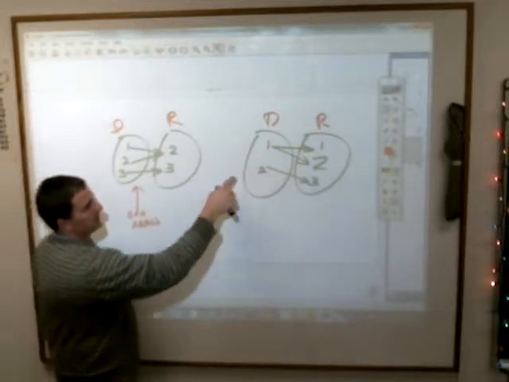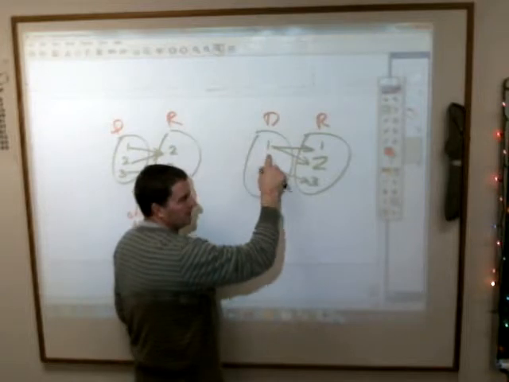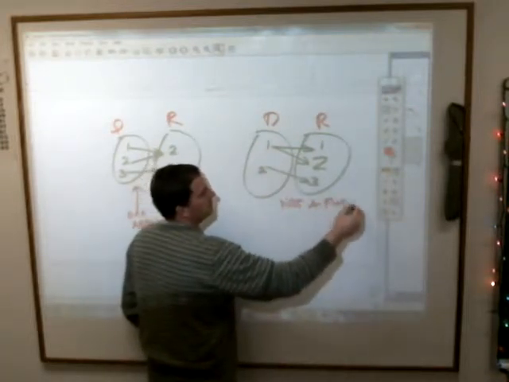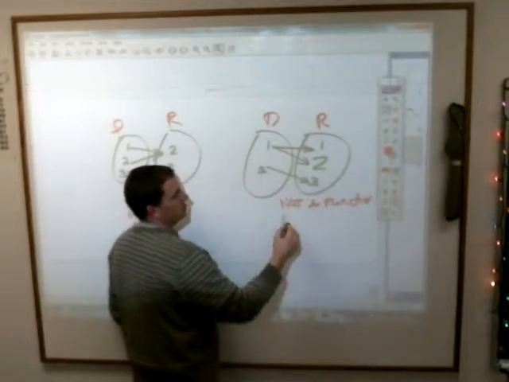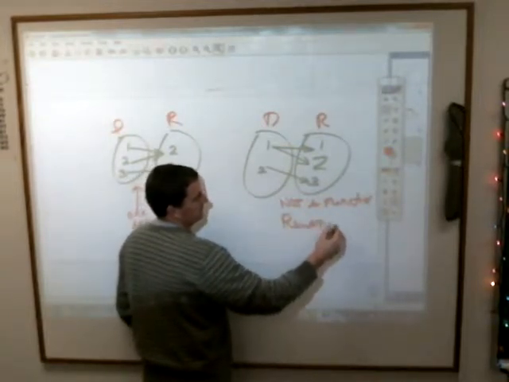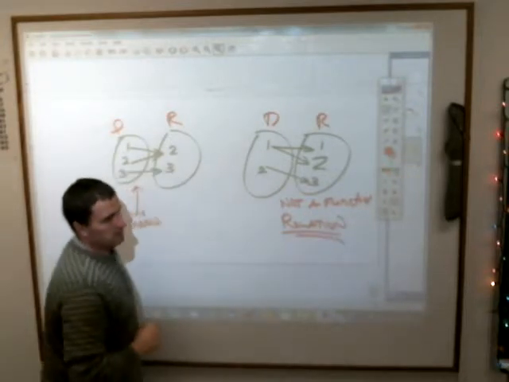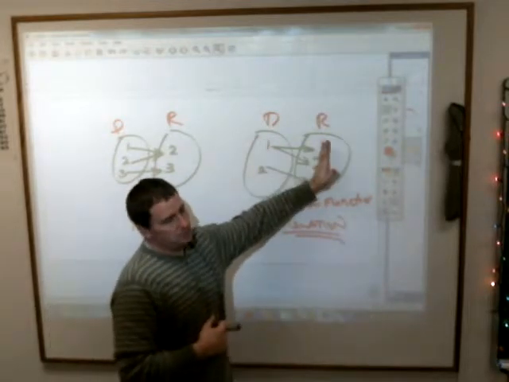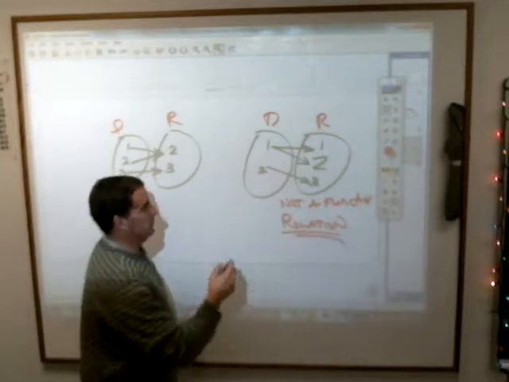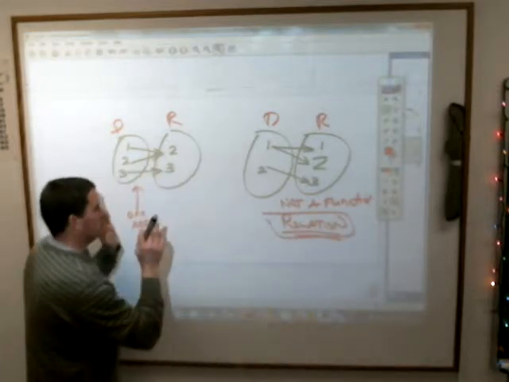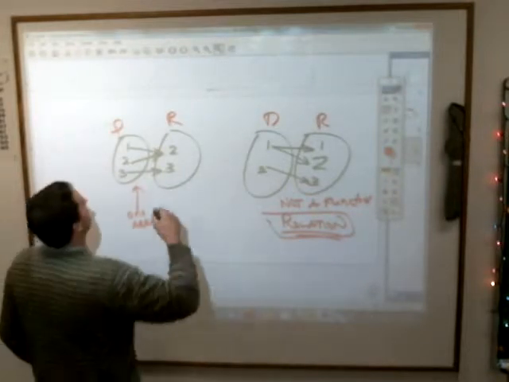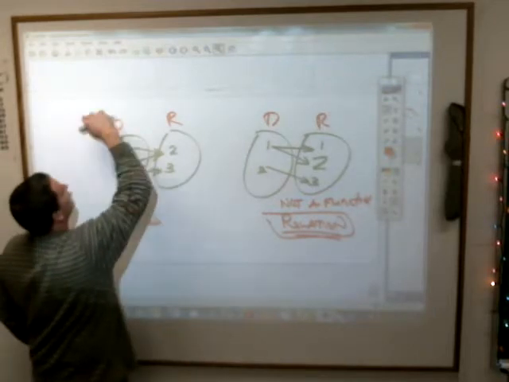If it's like this and it has two arrows coming off of it, then this is not a function. But the book just calls it a relation. If it has more than one arrow coming off of the domain, then it's not a function. It's just a relation. A function is like a certain special kind of relation, I guess. They're both relations, but that one over there is. Now, let's delve a little deeper here.